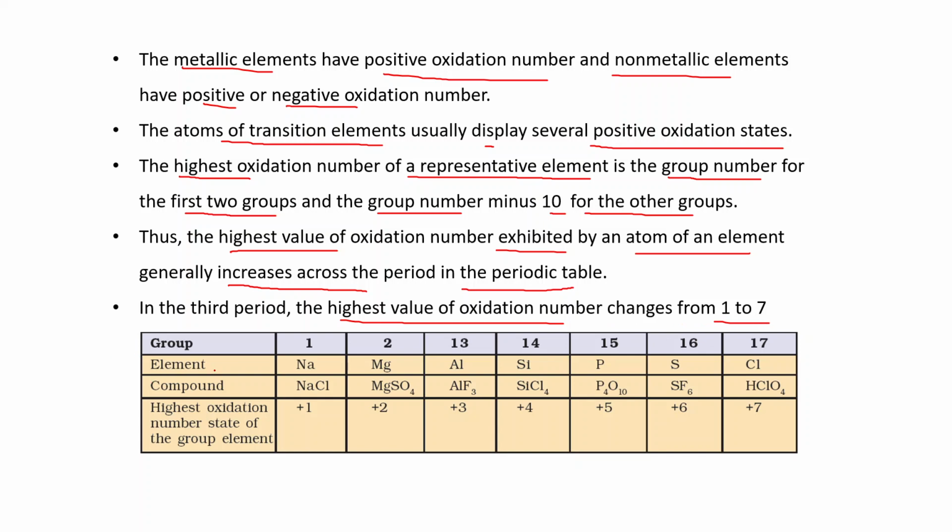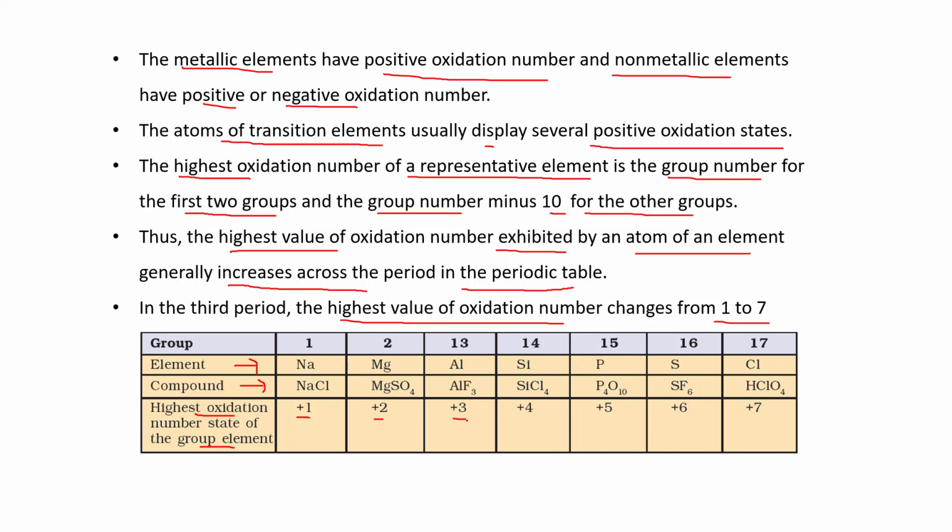These are the third period elements: sodium, magnesium, aluminum, silicon, phosphorus, sulfur, and chlorine. And these are the compounds, and the highest oxidation number or highest oxidation state of the group element. In case of sodium, this is +1 in NaCl. Magnesium is +2 in MgSO4.